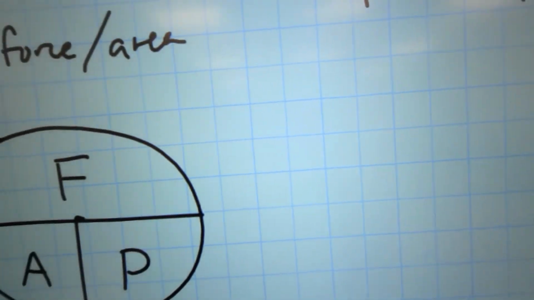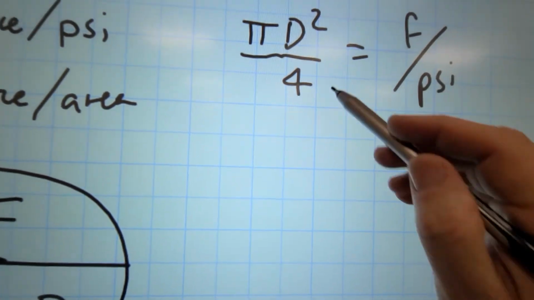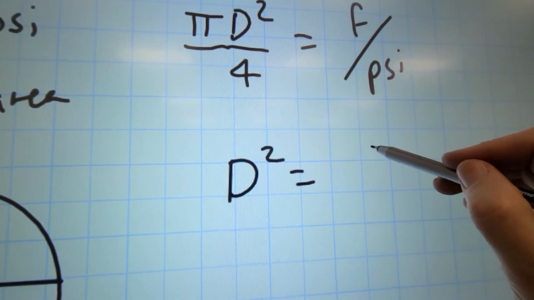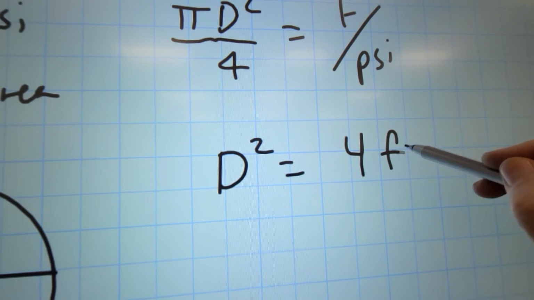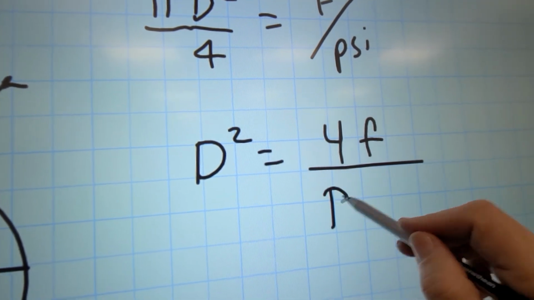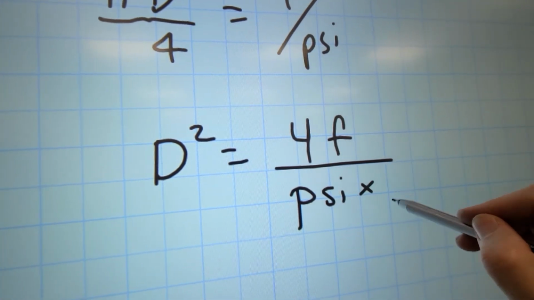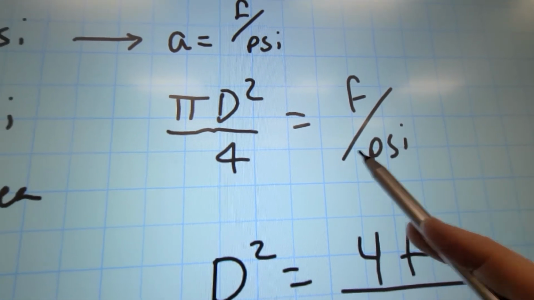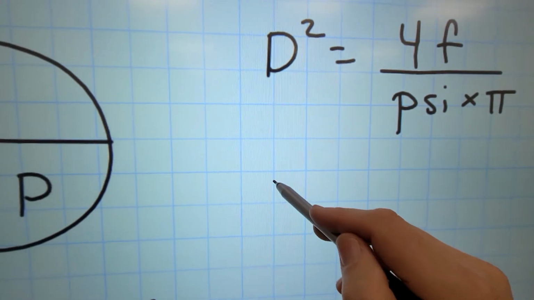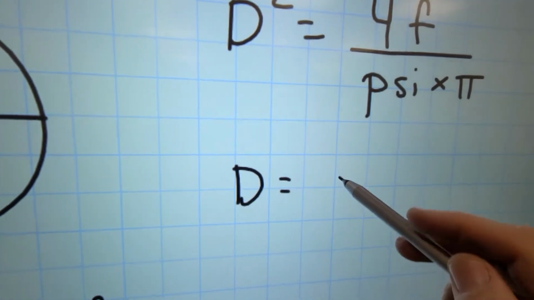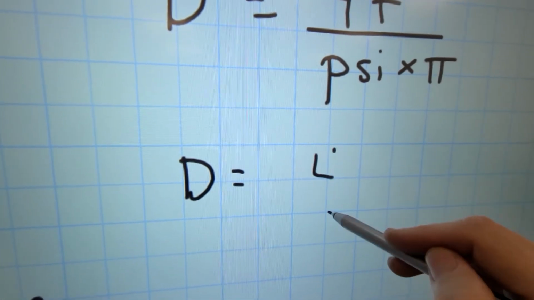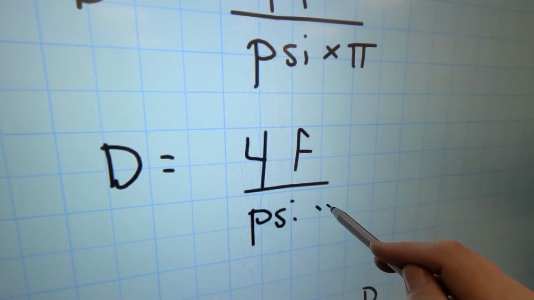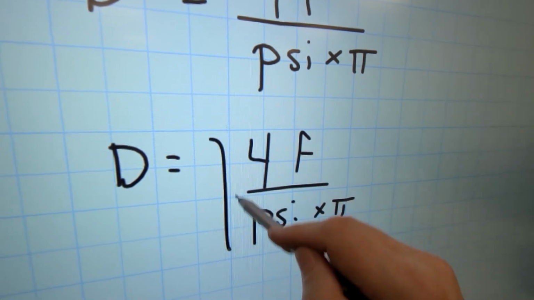If I'm solving this for d, I can say that d squared equals 4 times F over psi times pi. So pi moves to the bottom, psi stays there, 4 moves to the top. So d, the diameter, would be the square root of 4 times F over pressure times pi, the square root of that.